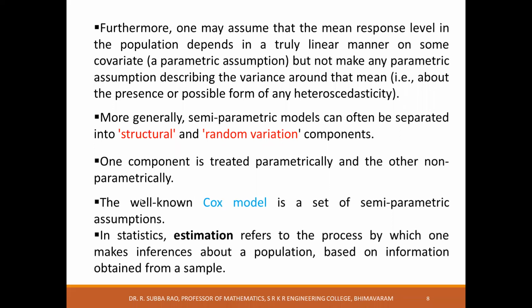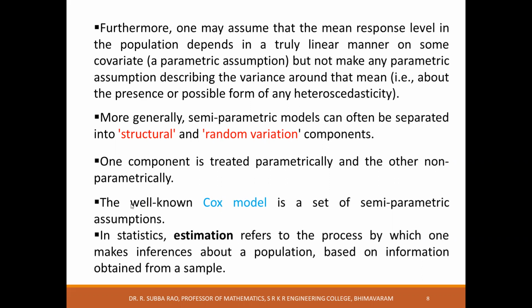Generally, semi-parametric models can often be separated into structural and random variations. The well-known Cox model is a set of semi-parametric assumptions. We have several models, and the Cox model is one of them, an example of semi-parametric assumptions.